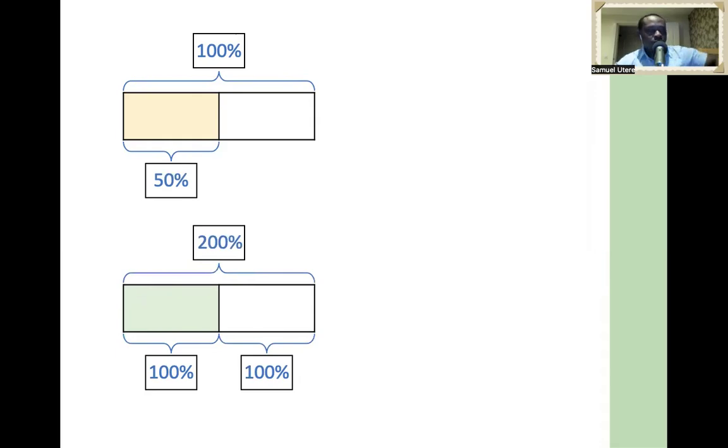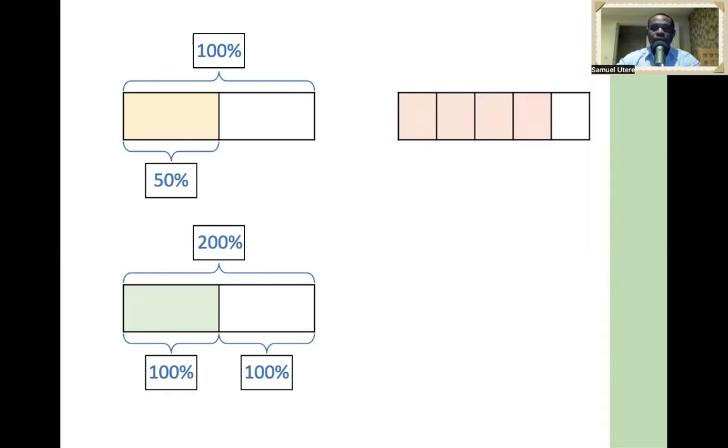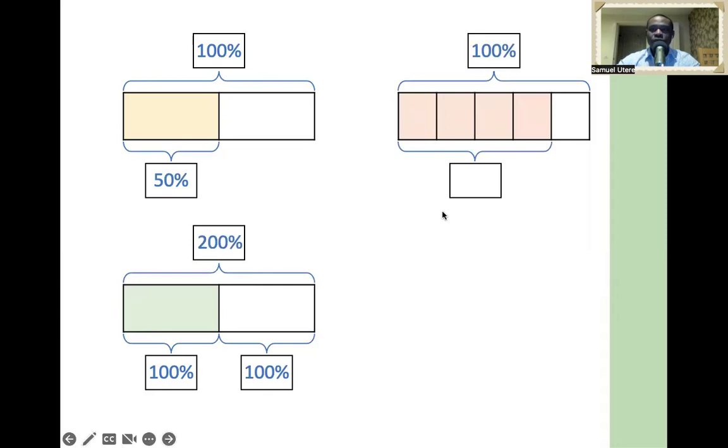So we're using the bar model to help us understand how to view or imagine percentages that are greater than 100. Let's look at this one. If the whole bar is 100%, what would you say this part is?